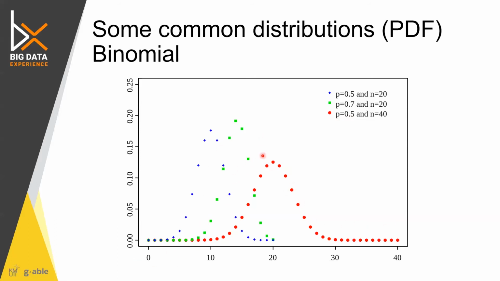You end up at about 20 a lot of the time, so this is why we have a higher value here. And if you have p equals 0.5, n equals 20, you see that the peak occurs at 10. It's n times p, and that's the mean of the binomial distribution.